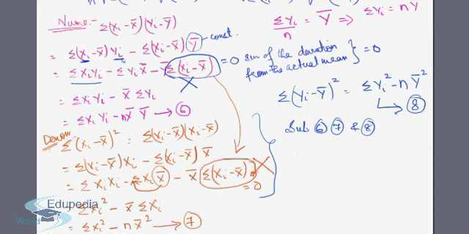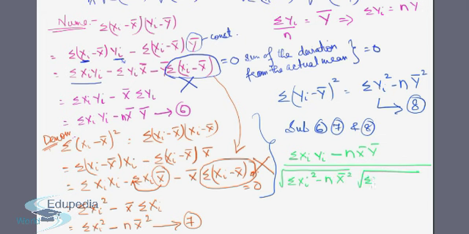So what we'll have, the numerator will become summation xi yi minus n times x bar y bar divided by, we have root, so root under first form is summation xi square minus n times x bar square multiplied by summation yi square minus n times y bar square.